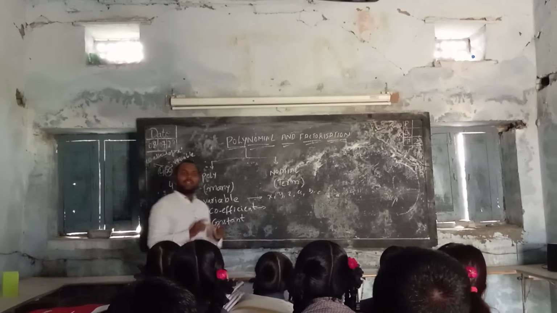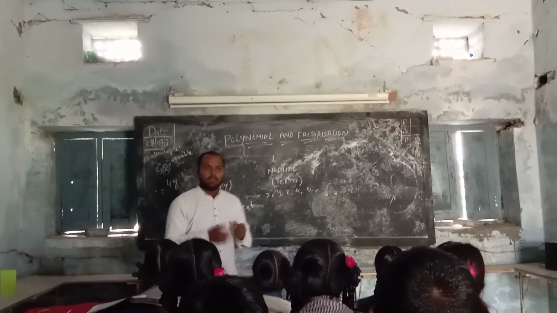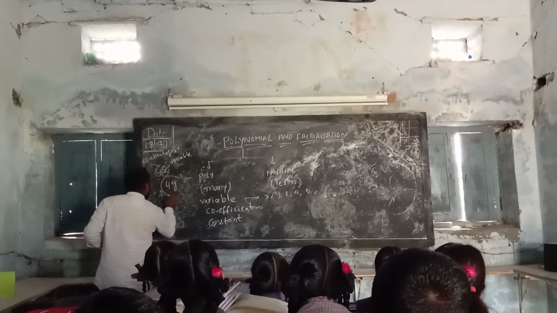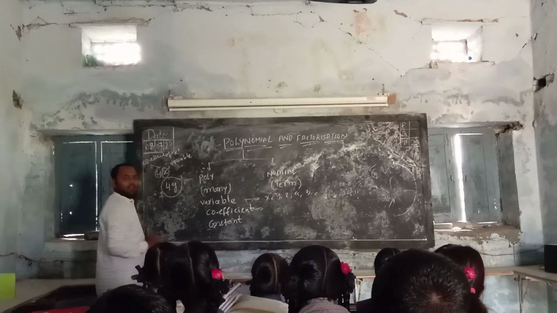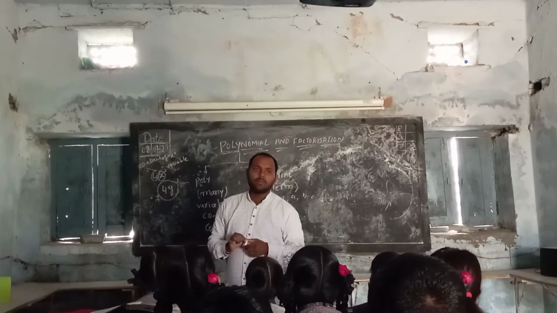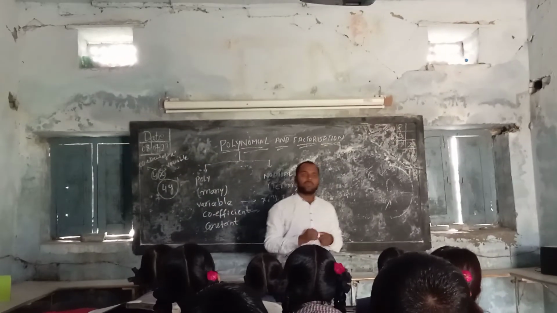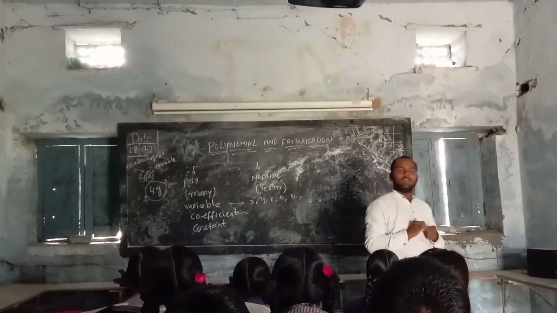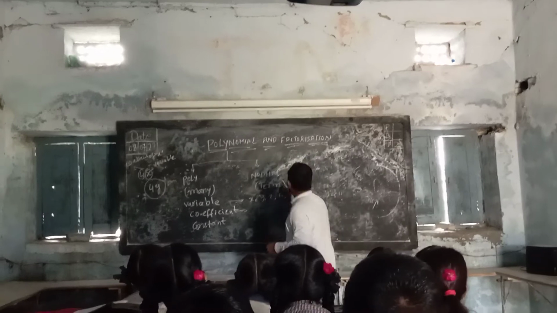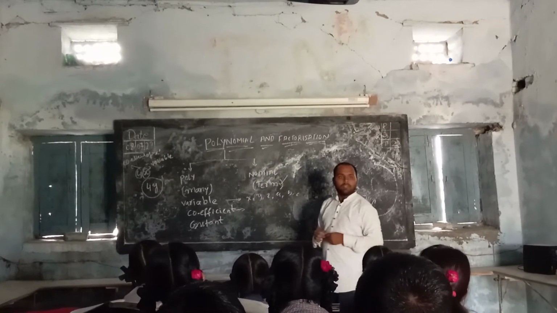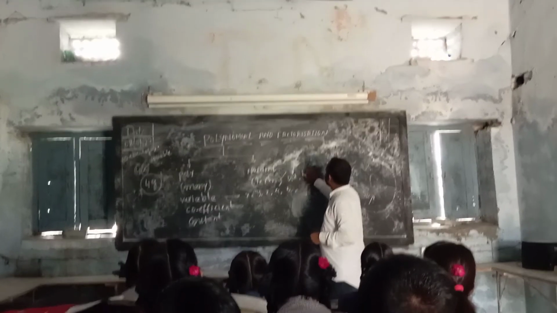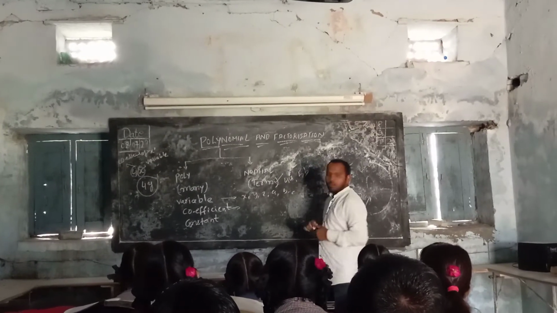Not only a single letter: the combination of a coefficient and a variable is called a term. Examples are 4a, 5b, 4b, 6b, 7c.